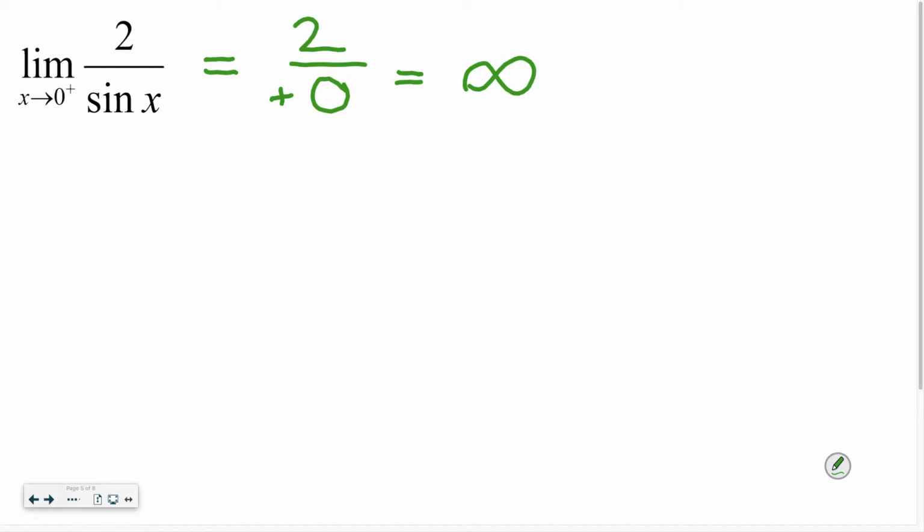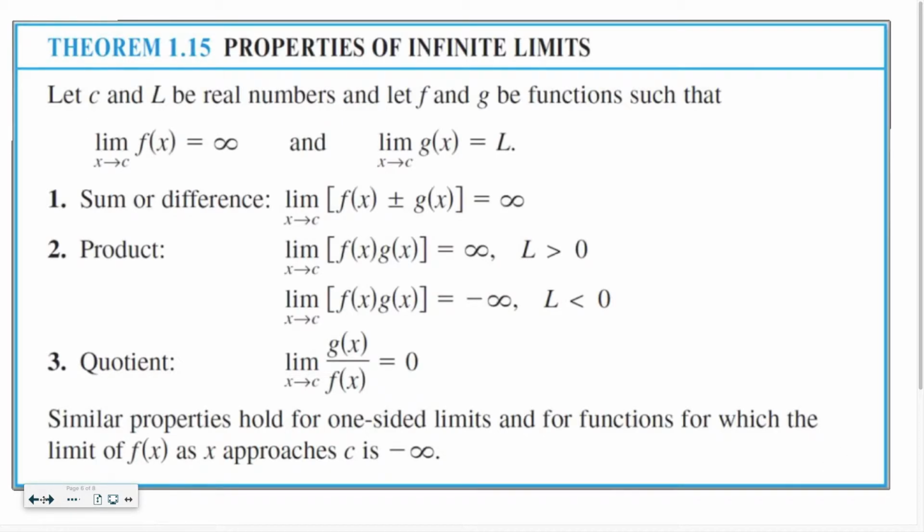I am going to give you, let's see. Don't write these down. These are in your book. I just want to talk about them. If the limit as x approaches c of f is infinity, and the limit as x approaches c of g is L, a number, so f is infinite, g is not, then if we add those two limits together, infinity plus a number, that's infinity.